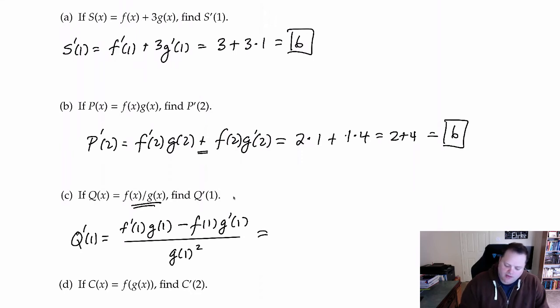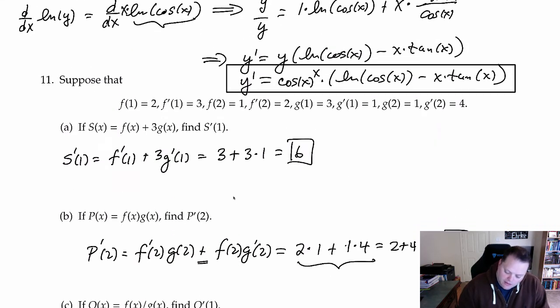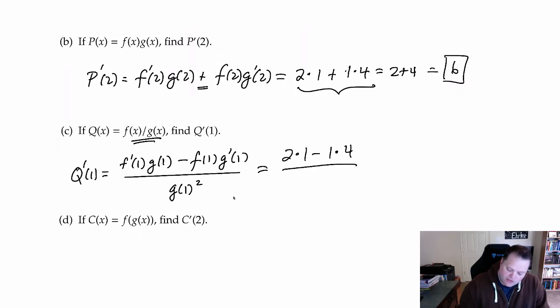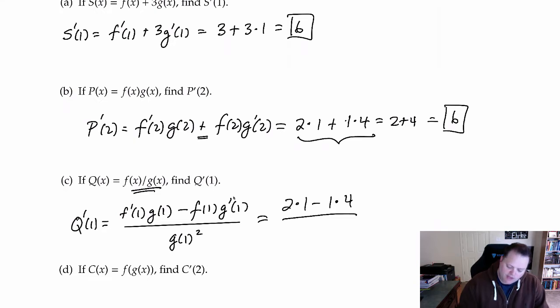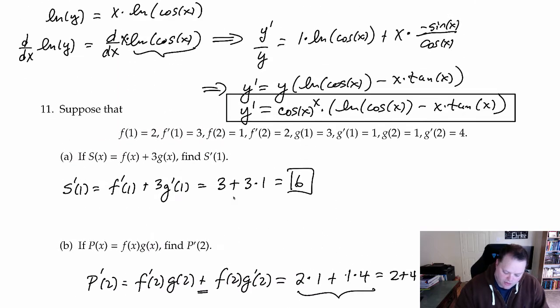So it's the same values as what we have right here, it's just subtracting them. So it's 2 times 1 minus 1 times 4 divided by g at 1. Let's see, g at 1 is 3. Oh, actually it's not the same values because this is at 1, not at 2, like the problem above is. So I'm going to have to look at each one of these individually.